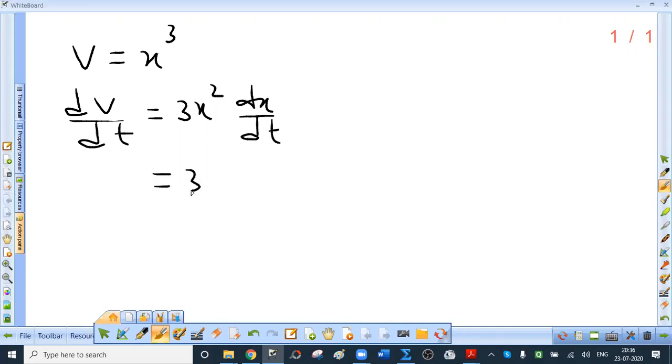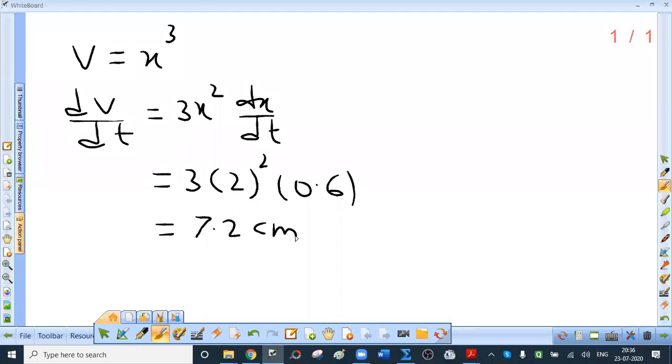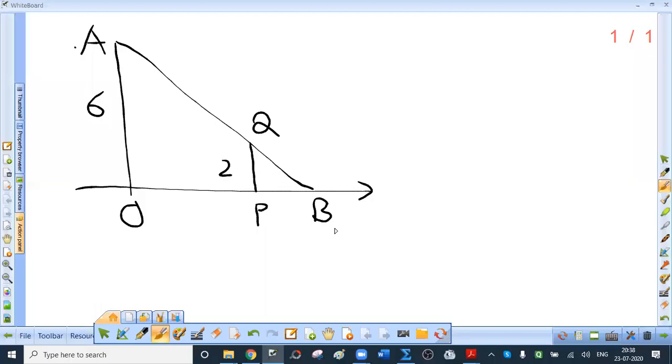So this is 3 into 2 square into 0.6. So comes out to be what? It is 7.2. But what will be the unit? Its volume. So cubic centimeter per second.